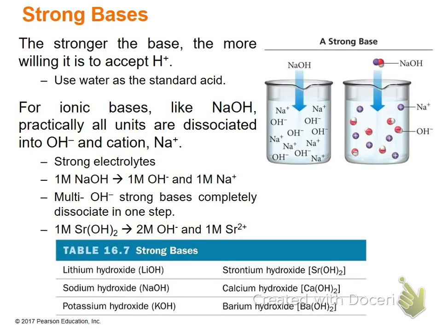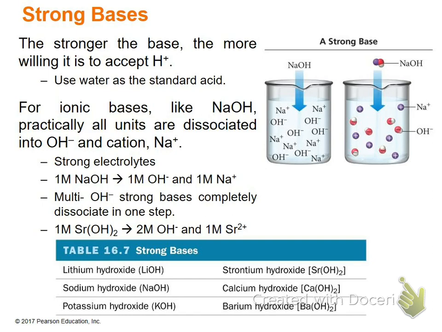There's not a lot of difference here. We know that strong bases, similar to strong acids, ionize completely in water. So they generate the same concentration of hydroxide ion as the initial concentration of the base. And so the stronger the base, the more willing it is to accept a proton.